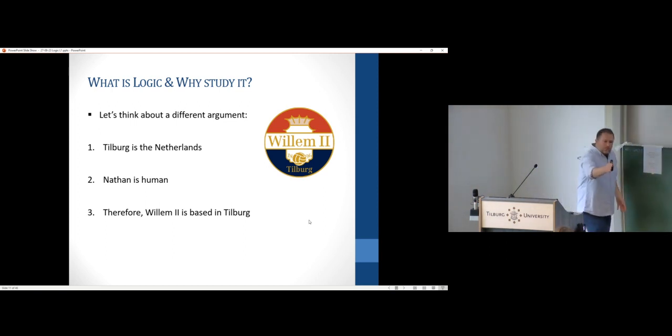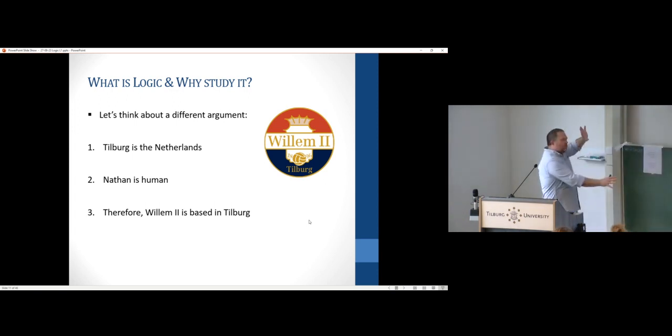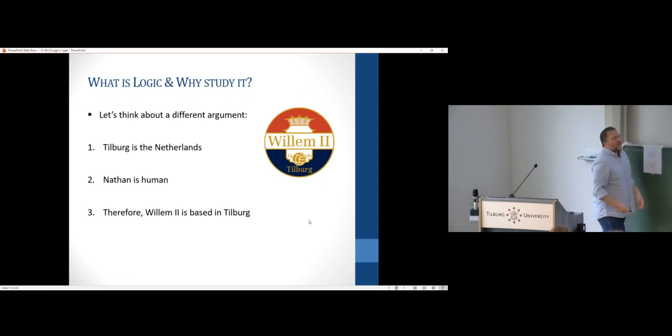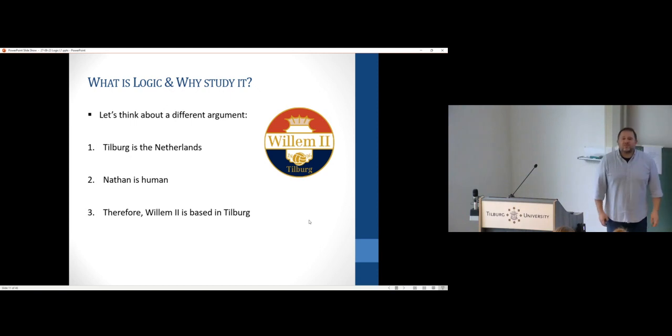Nice. So, good reasoning. Let's try and put it in terms of the definition we had, so that you walk through the reasoning. It's possible for the premises to be true and the conclusion false. So, for example, you might imagine at some point in the pandemic, Villains Day financially collapses, they cease to exist, then it is no longer in Tilburg. That would be the case even if 1 and 2 are true.